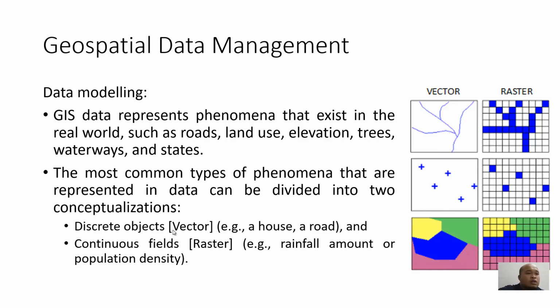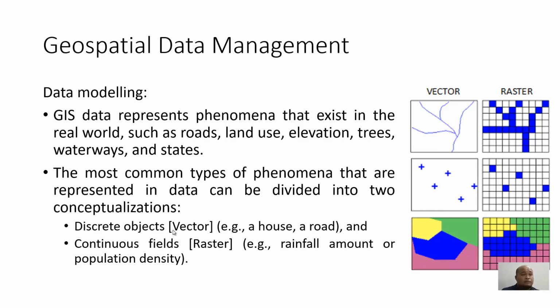So these are the differences, right? Data modeling is divided into the conceptualizations of vector and raster. Vector is discrete objects. If you plot one point, the system will have only that one point, with the coordinates and everything of that particular point.